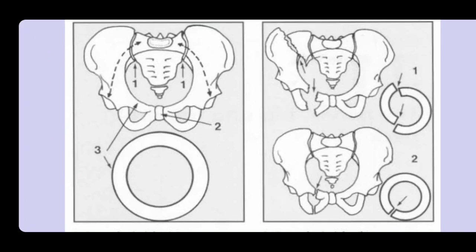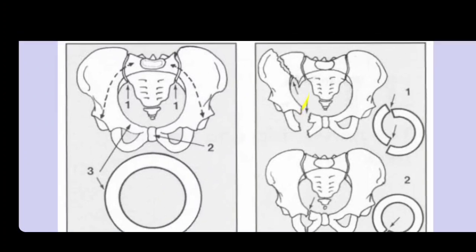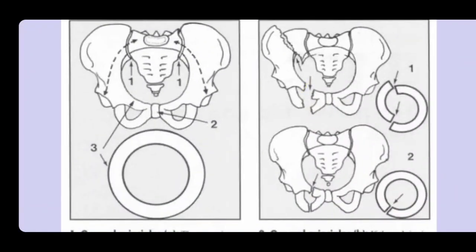For the first one, we have interruption of the pelvis on two levels, so the anterior and posterior parts are interrupted. Due to this, there is a vertical shear of the hemipelvis, and usually it is displaced proximally.